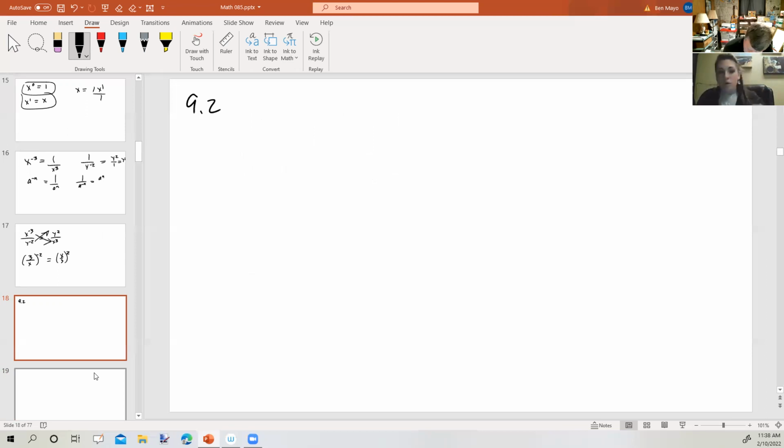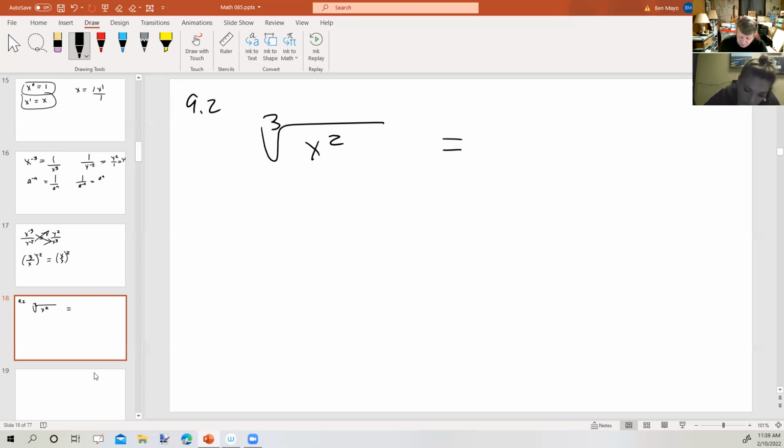So first of all, let's look at how this thing works. Let's say I have the cube root of x squared. Okay, so this is written in what we call radical notation, because it uses a radical. I'm going to convert this into exponential notation.